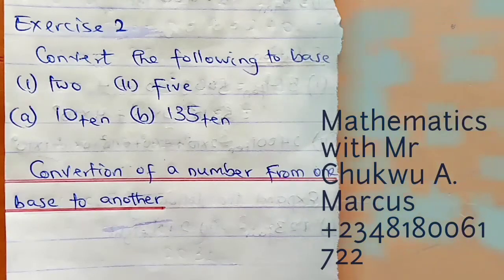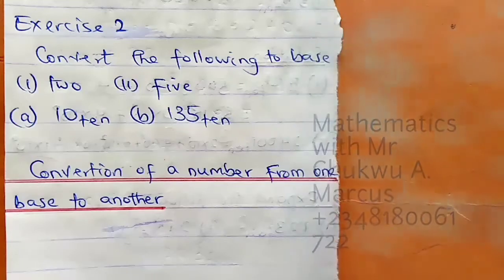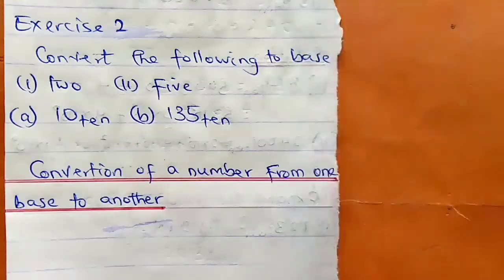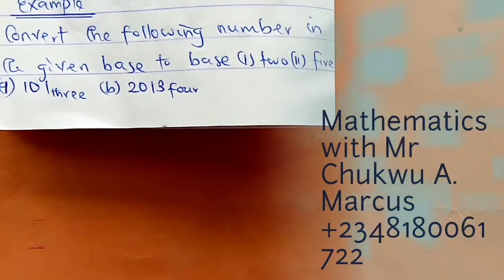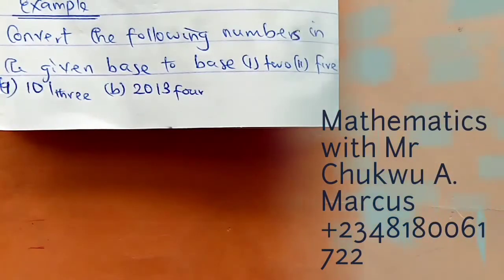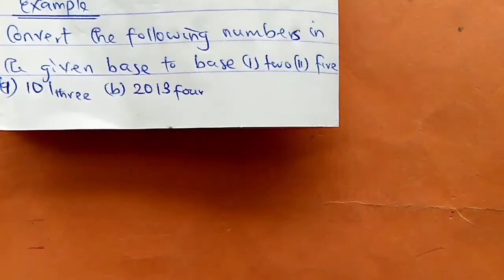First of all, you convert the number to base 10, then convert the number in base 10 you have gotten to the required base. Here, you are asked to convert the following numbers in the given base to base 2 and base 5. The given base here is 101 in base 3 and also 203 in base 4. We are asked to convert it to base 2 and also convert it to base 5.